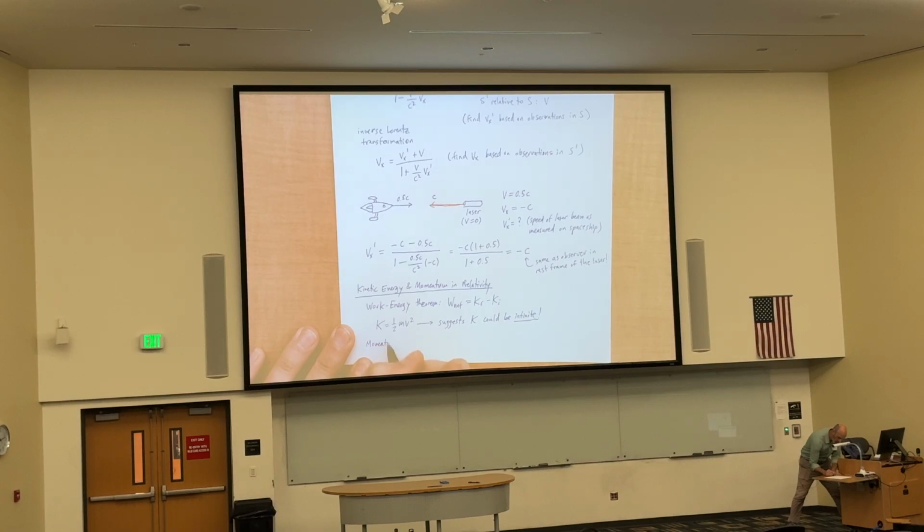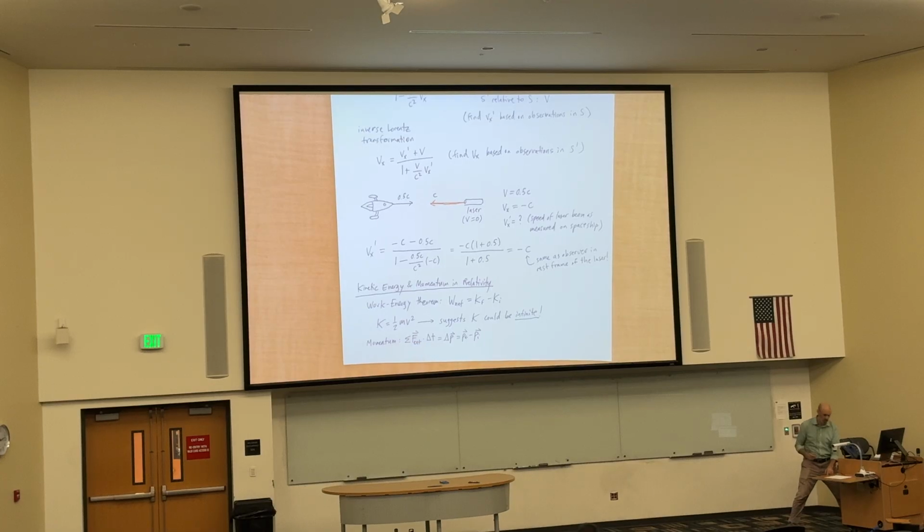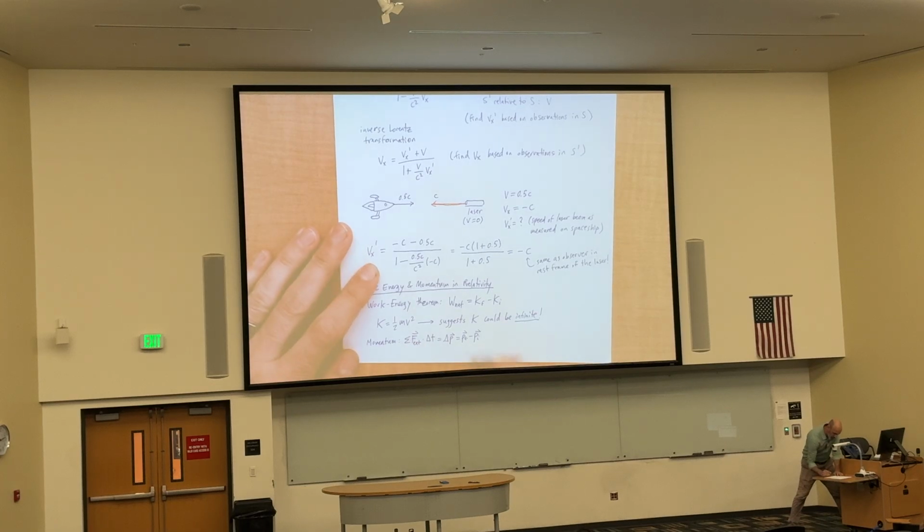Likewise, when we think about momentum, we can think about it like this. The sum of the external forces multiplied by some change in time gives me a change in momentum, p final minus p initial. And these are, of course, vectors. This is impulse, which is a change in momentum. And p, as you said, is m times v.